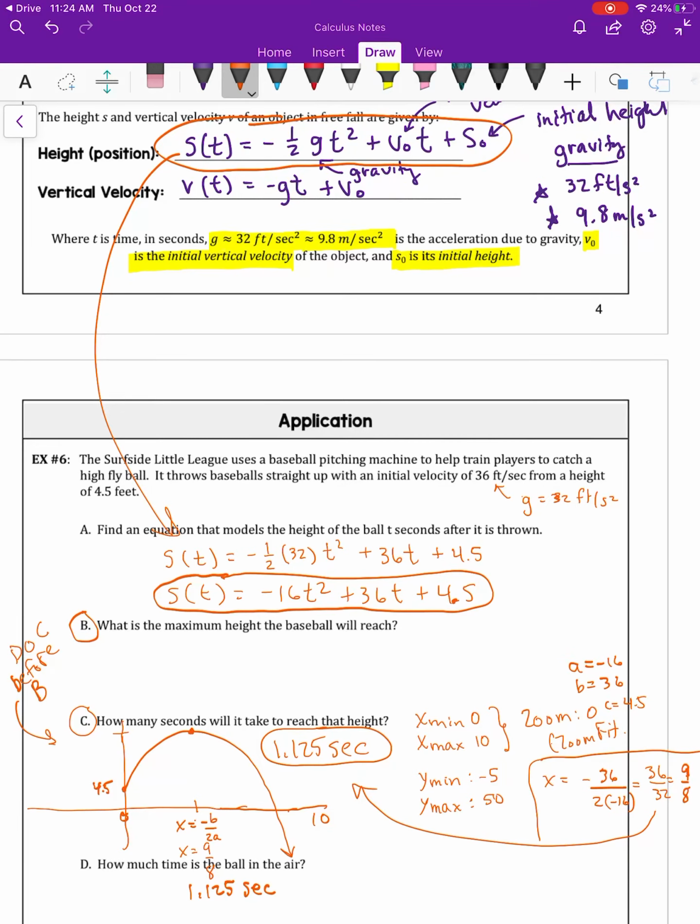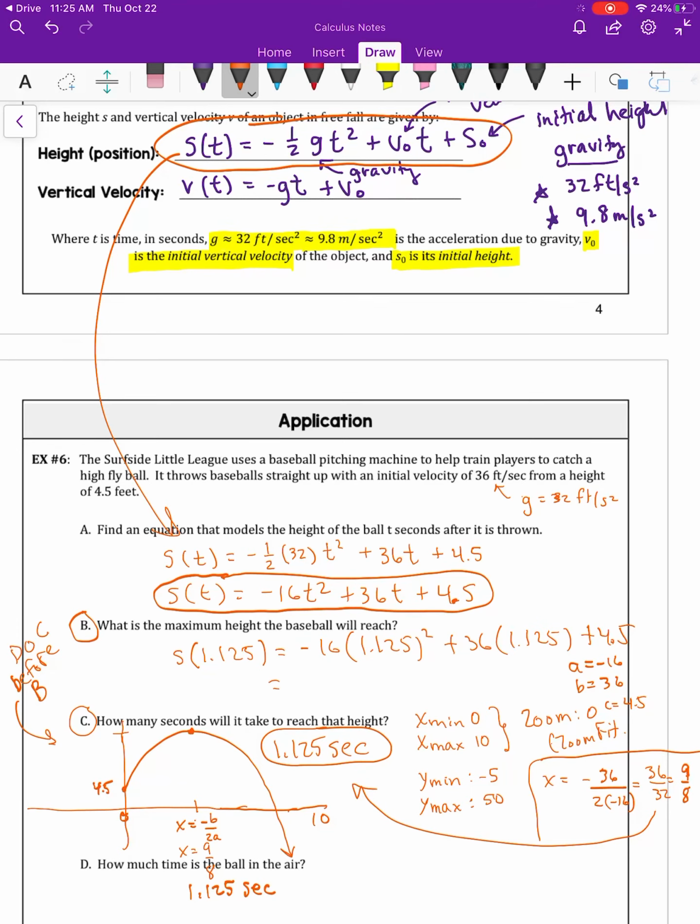And then what is the maximum height at 1.125 seconds? So that's when we would actually calculate S of 1.125. So negative 16 times 1.125 squared plus 36 times 1.125 plus 4.5.